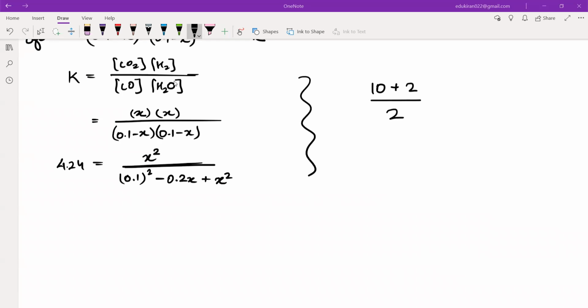No, that's not right. Minashi, 10 plus 2 divided by 2. What will be the answer? 6. Why? It should be 10, right? No. 12 by 2. You did the same thing, right? Like you cancelled the x in the same way, right? Yes or no? Yes, sir.